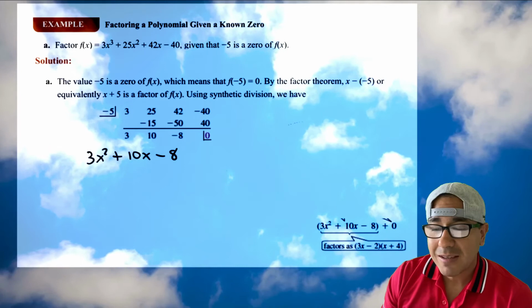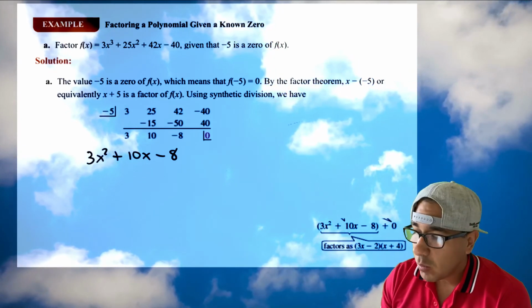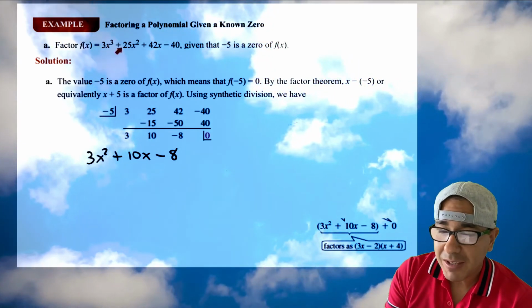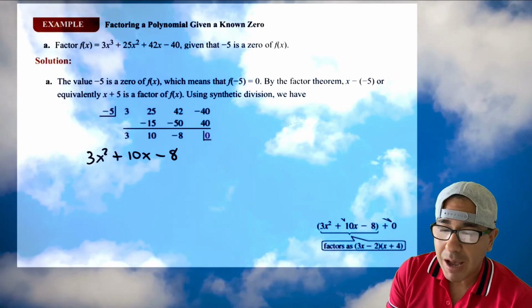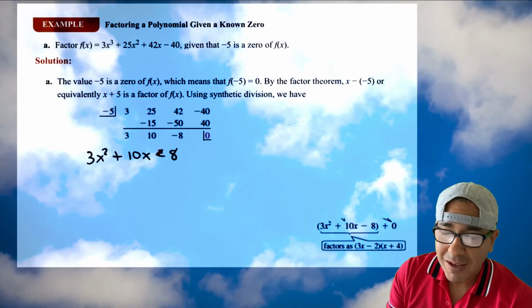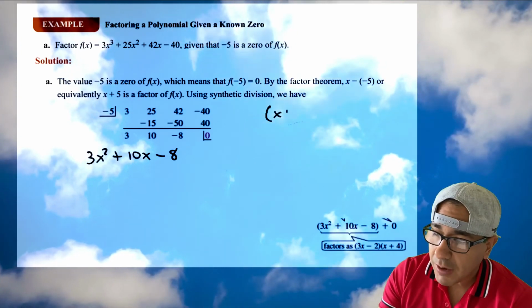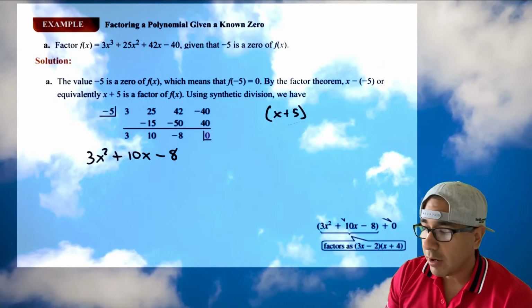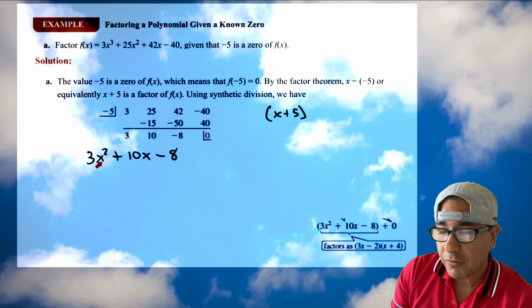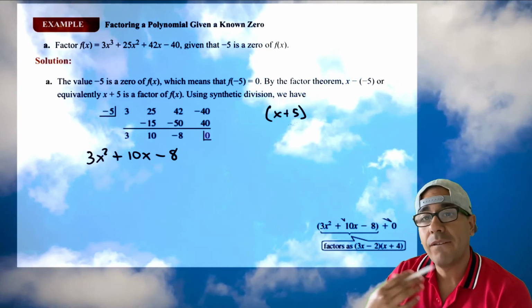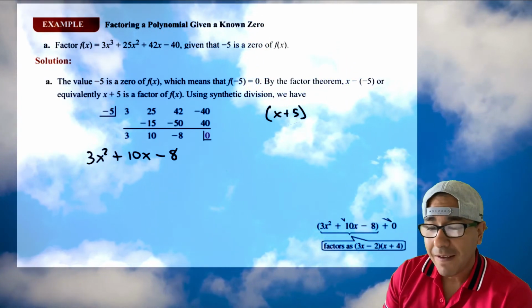That's the polynomial I get when I divide the original function by x plus 5. This is my result because I already know that x plus 5 is a factor. What I hope to do is factor this further to get the remaining factors. Again, a very helpful theorem.